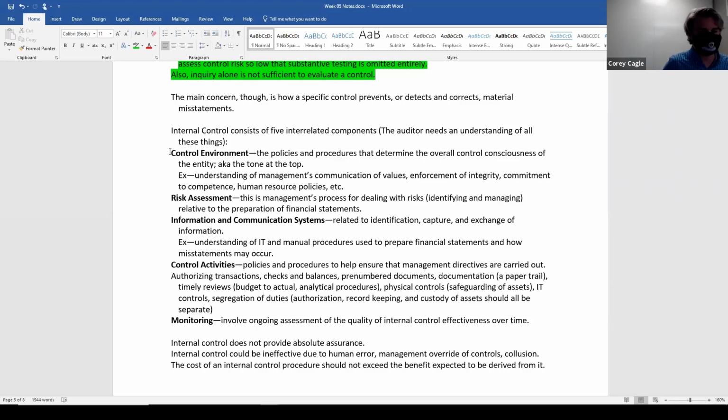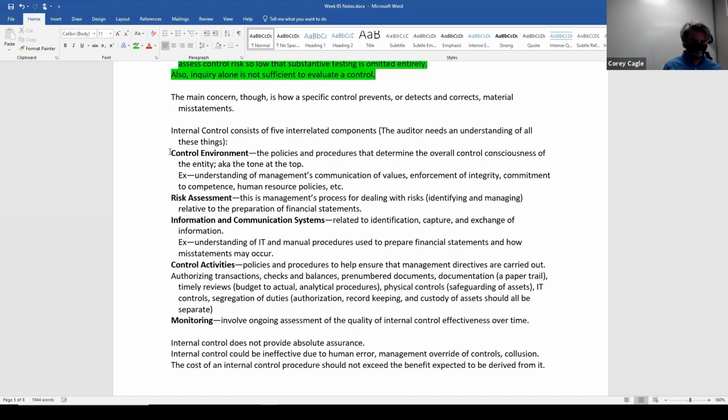Risk assessment is management's process for identifying and managing risks relative to preparing the financial statements. So we'll look at things like, do they have timely information coming into them? What risk have they decided to accept for cost benefit reasons?